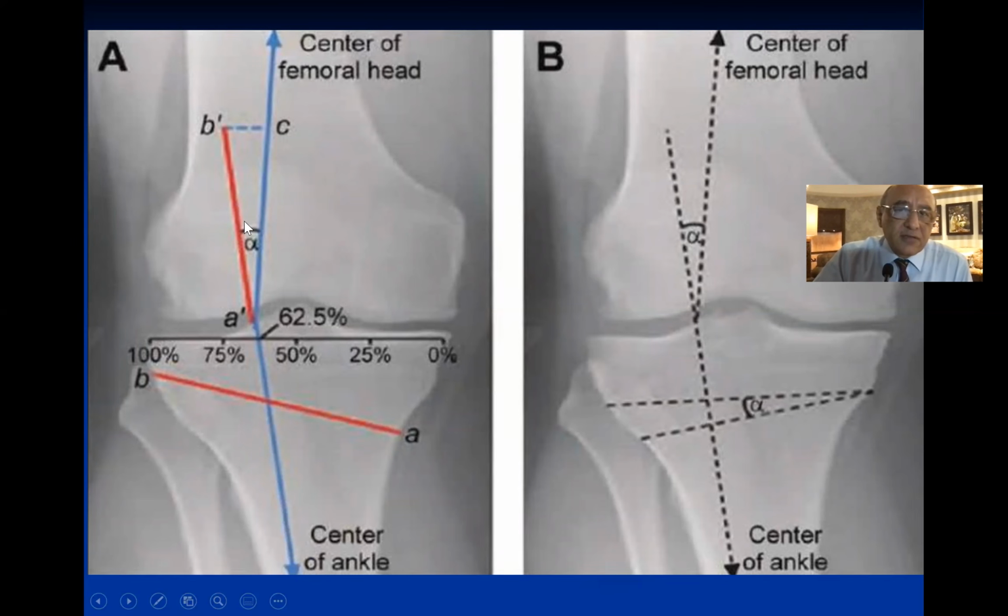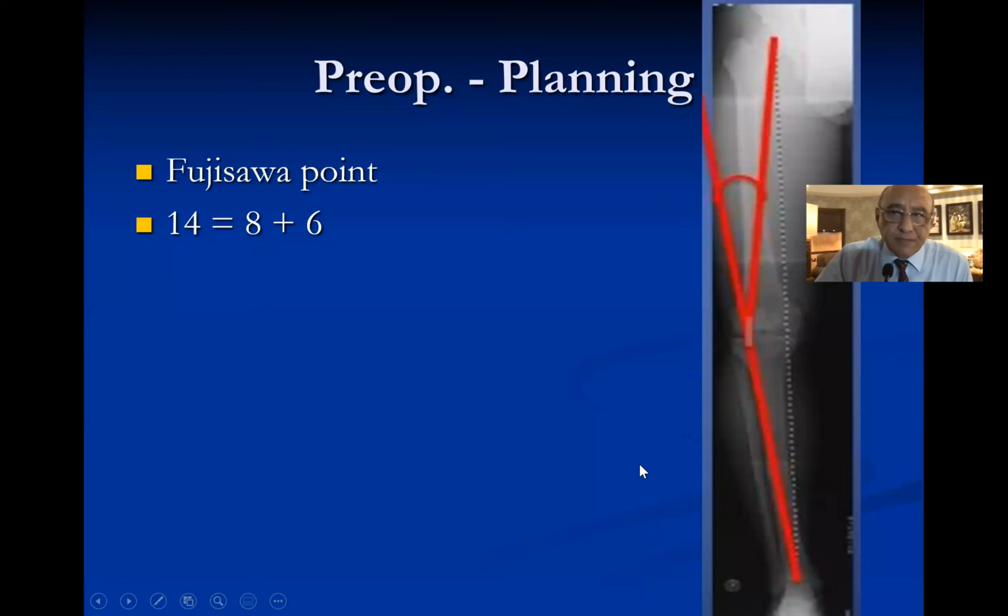This angle alpha is the angle that, if we correct it, we get a straight line passing by the Fujisawa point, whether doing a medial open wedge osteotomy or a lateral closing wedge osteotomy.